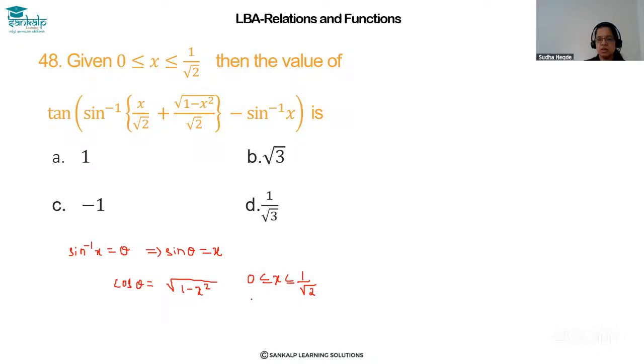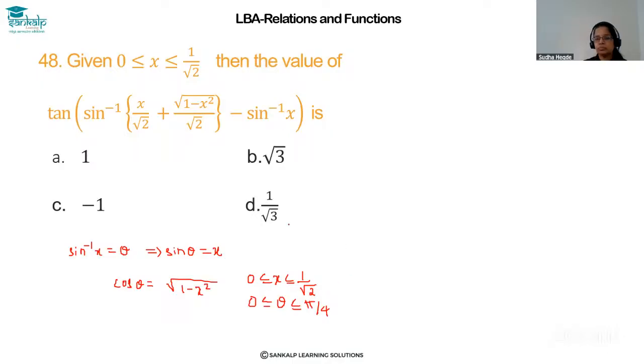It is 0 only, correct? And for what angle do you get the sine as 1 by root 2? It is pi by 4. Correct?